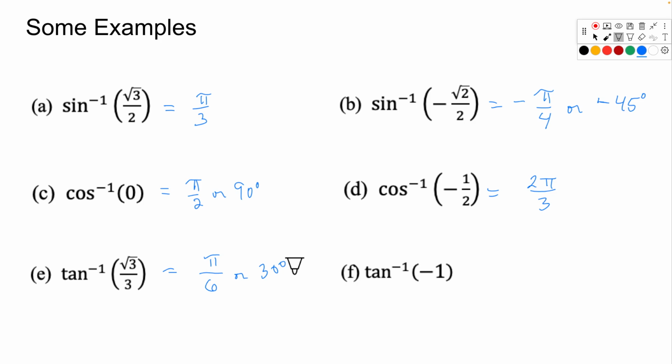Okay, and then this one, negative 1, well, since it's negative, it would have to be in the 4th quadrant, right? Because tangent is positive in the 1st quadrant, so it's 1st or 4th, so it's in the 4th quadrant. And so this is where the x and y are the same.